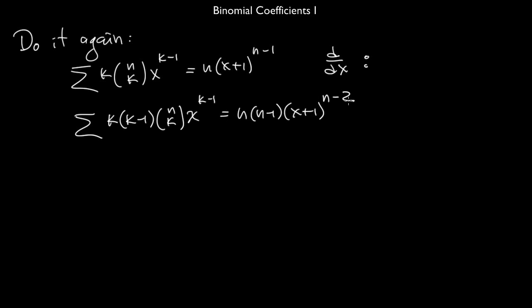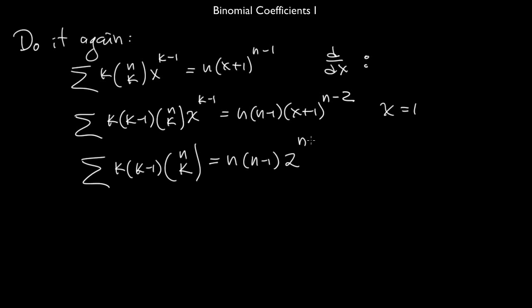Let's see. What does this tell us? Set x equal to 1, and what you get is summation of k times (k minus 1), n choose k, is equal to n times (n minus 1) times 2 to the n minus 2. Now, I'd kind of prefer if this was a formula for k squared times n choose k. It's not. It's k times (k minus 1).